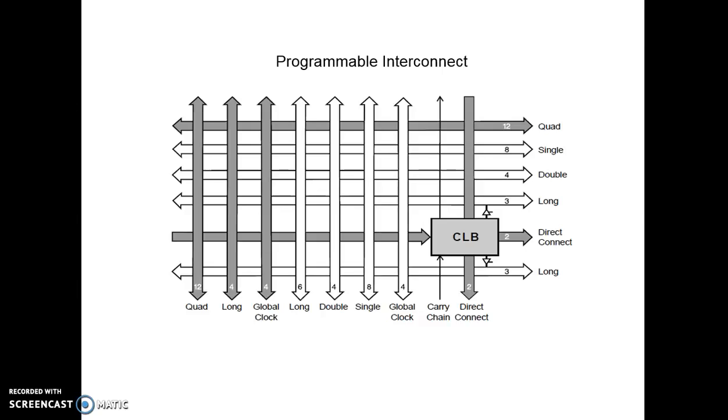They travel all the way across or down a row or column and are driven by 3-state drivers near the CLB. It is possible to connect a CLB to another that's more than 1 hop away using single wires, but they have to go through a programmable switch for each hop, which adds delay.